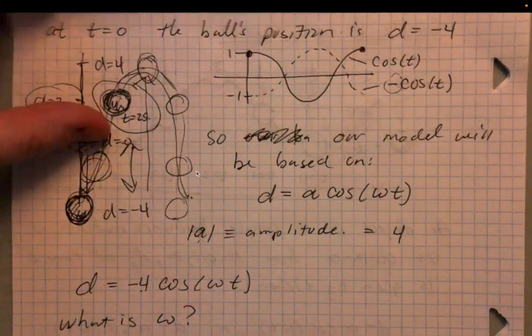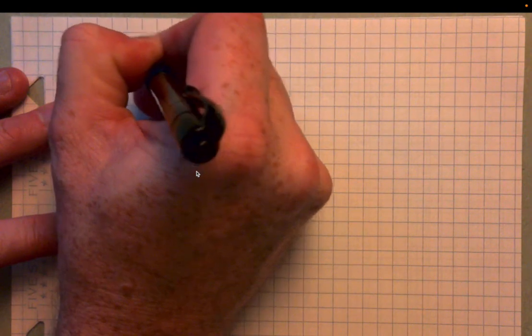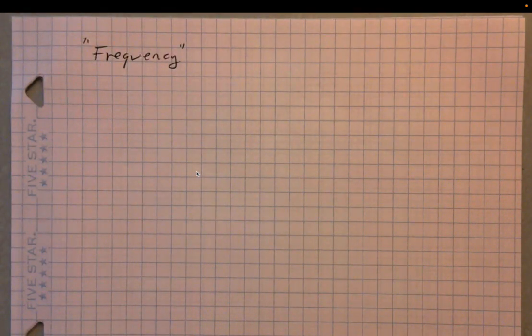Okay, perfect. All right. And then a simple extension of this idea is to bring the concept of frequency into the discussion. So we've all heard the term frequency. So what is frequency?